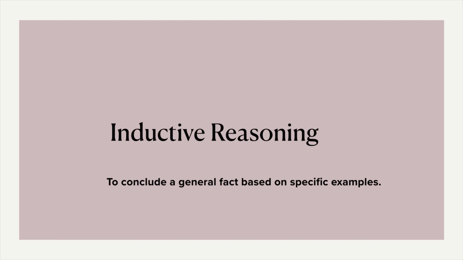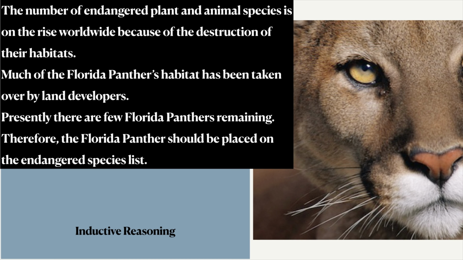When you reason inductively, you conclude a general fact based on some specific examples. In this example, a student can use inductive reasoning to make several observations to generate a conclusion. Observation number 1. The number of endangered plants and animal species is on the rise worldwide because of the destruction of their habitats.